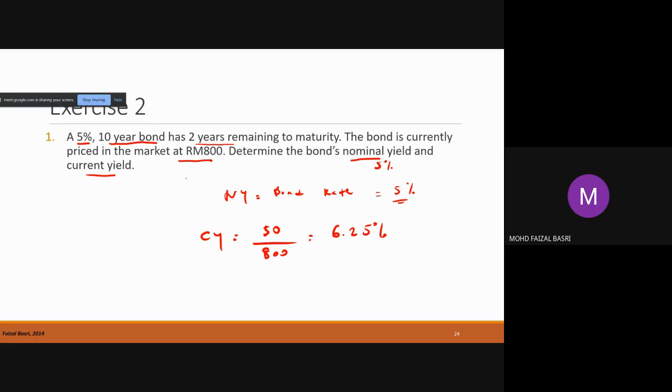Bayangkan kalau dia above, so if the price is above the par value, our current yield will be lower than the nominal yield. Okay, so this is our second measurement.